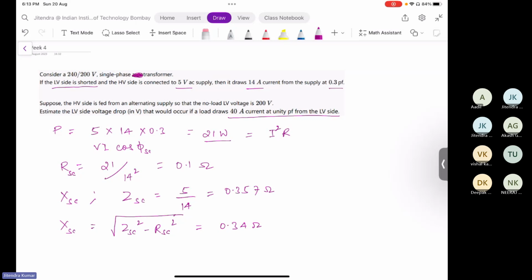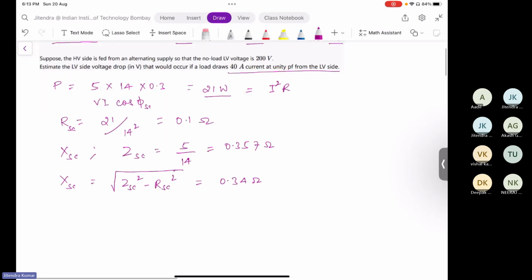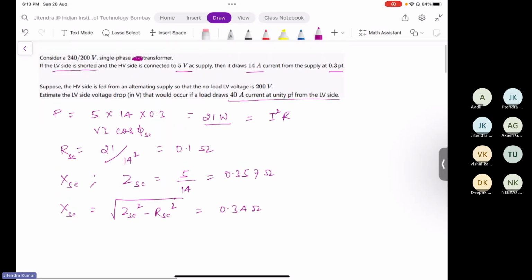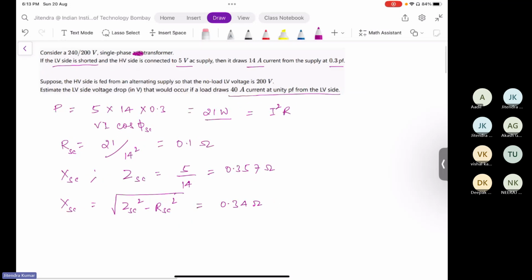So first we will compute the HV side voltage drop and then we will refer it to the LV side. Is that making sense? Adil, is it correct? Yes, sir. Okay.